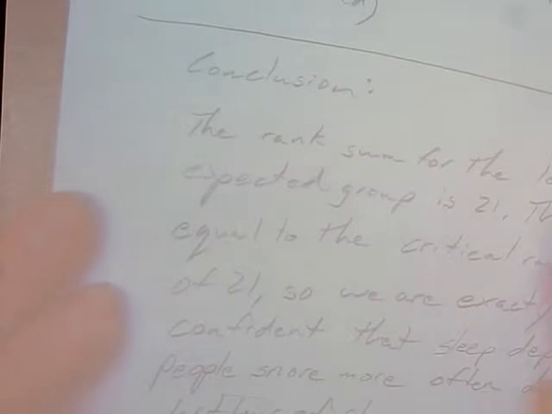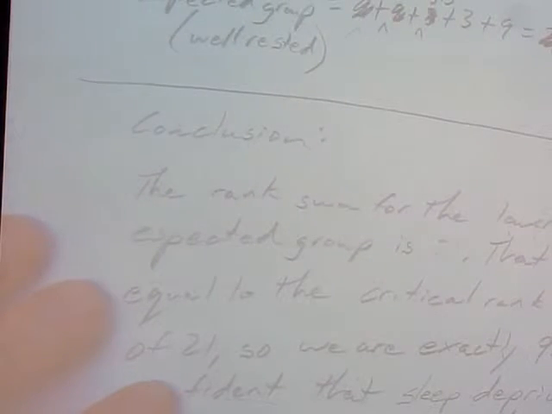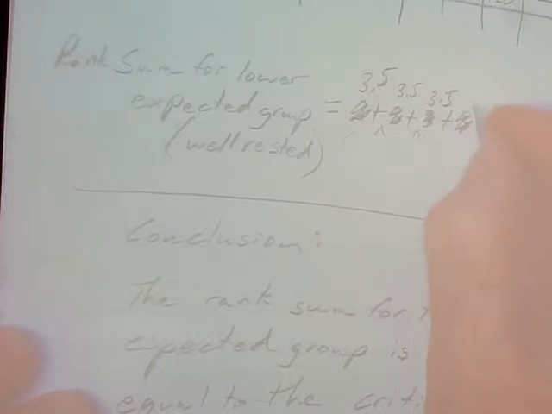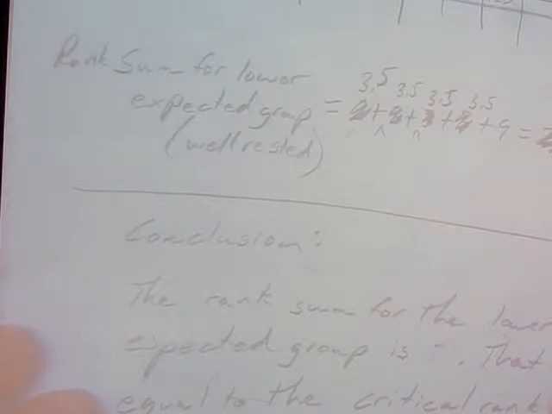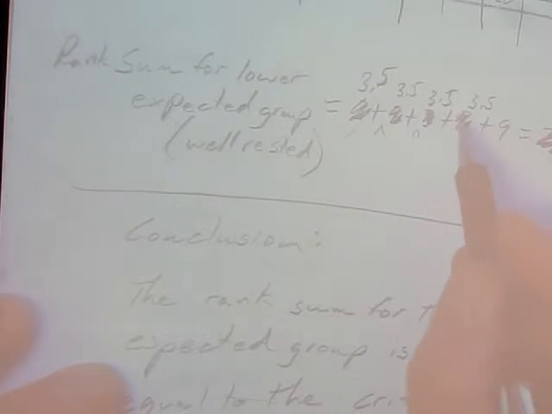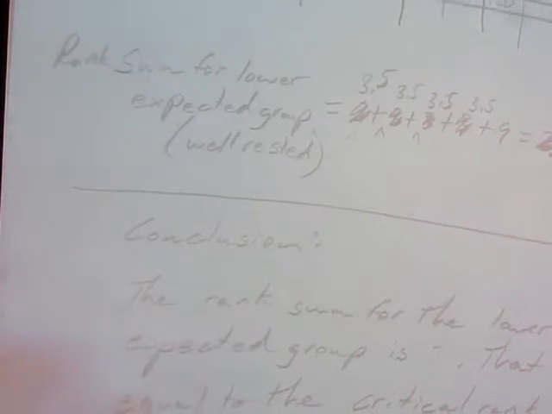So my conclusion should say the rank sum for the lower expected group is 22.5. Mr. Stapleton, Mr. Tablespoon. Oh, I missed one. Gosh dang it. Darn it, I messed up again. So it'd be 23, right? Is that right? Yeah. So 7 plus 7 is 14, plus 9 is 23.